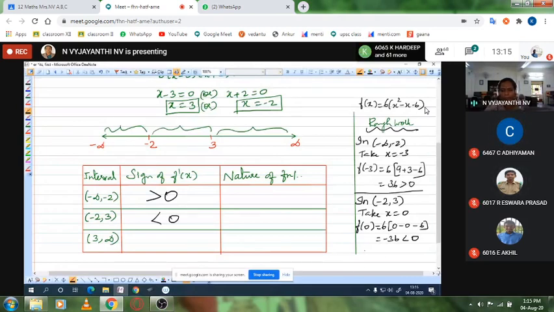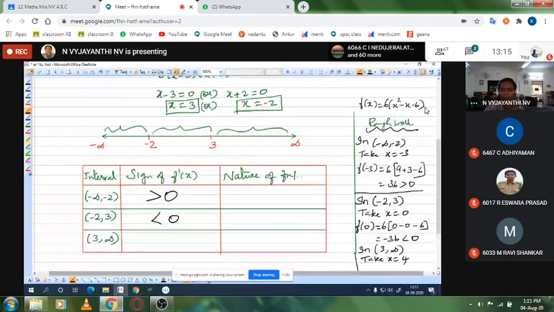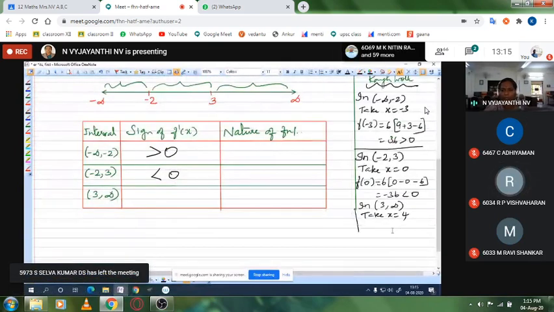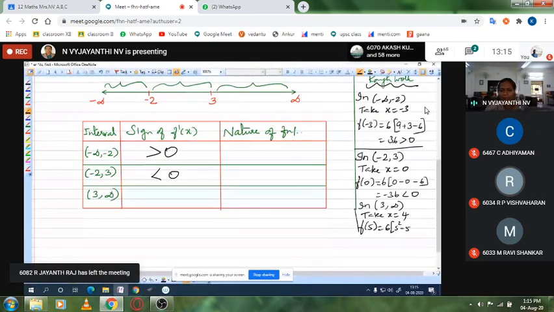In the third interval, 3 comma infinity, take x as 5. f of 5 equals 6 into 5 square minus 5 minus 6, which gives 6 into 25 minus 11.